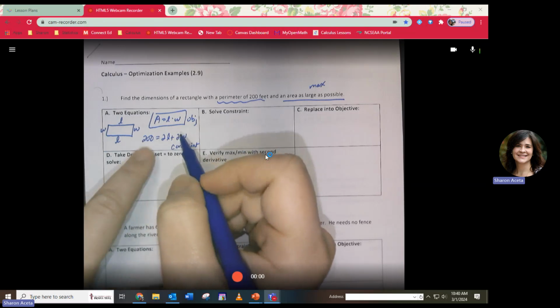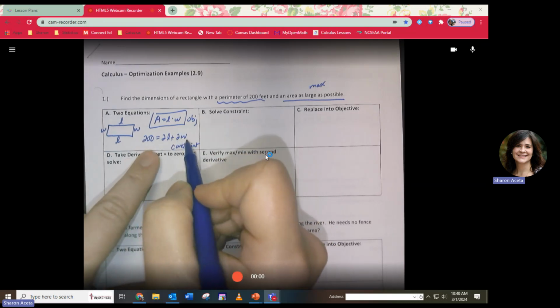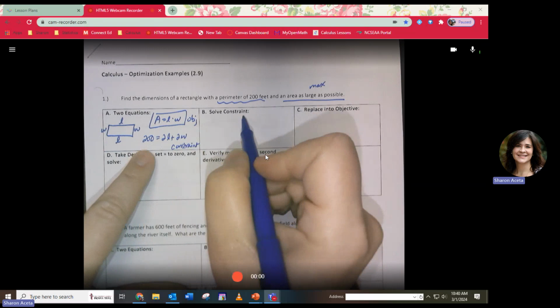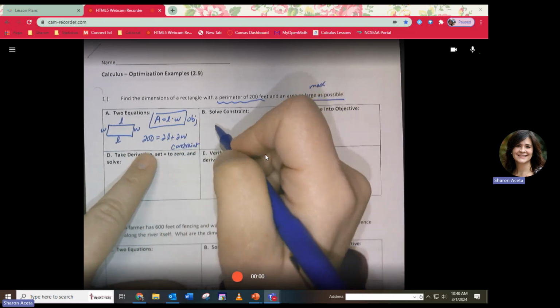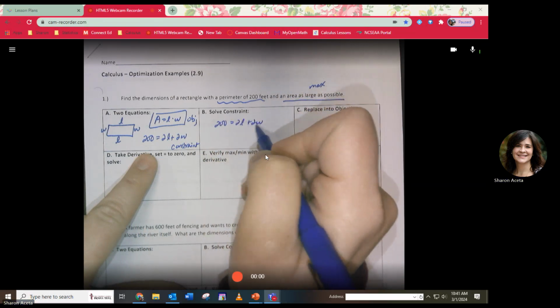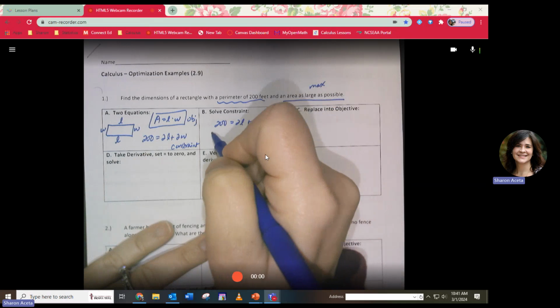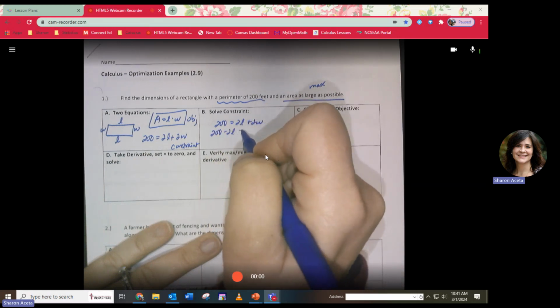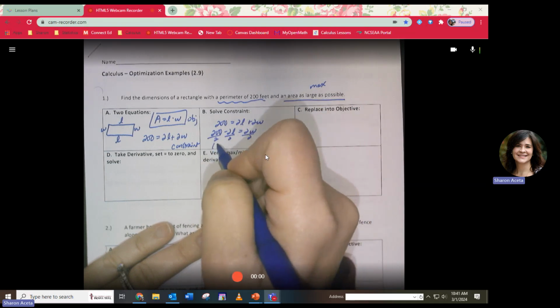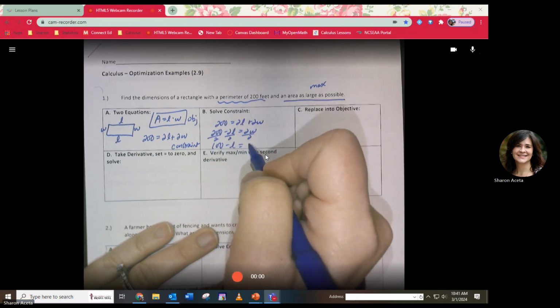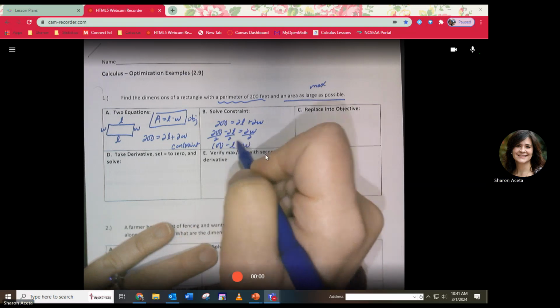So you're going to take the constraint equation and solve it for one of these letters, L or W. It doesn't matter. I'll just solve it for W. So I would have 200 minus 2L equals 2W, and then divide everything by 2: 100 minus L equals W.